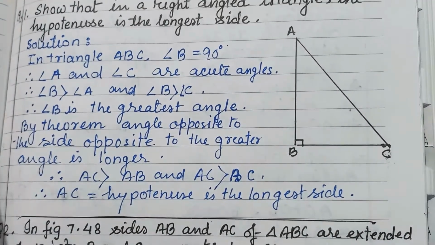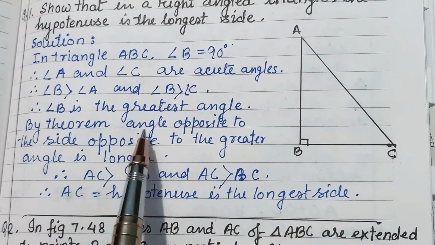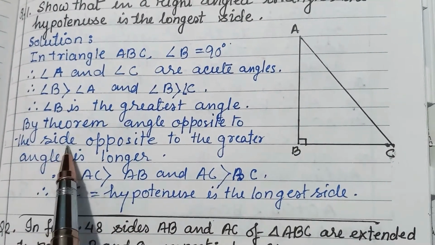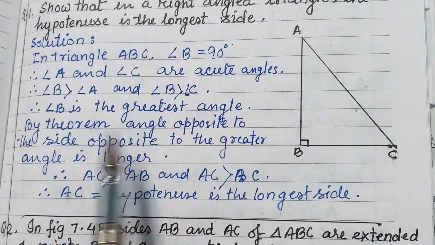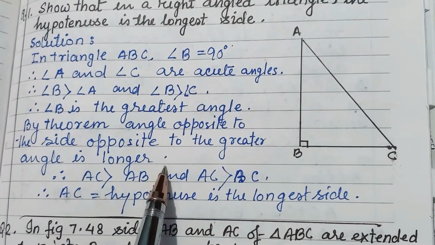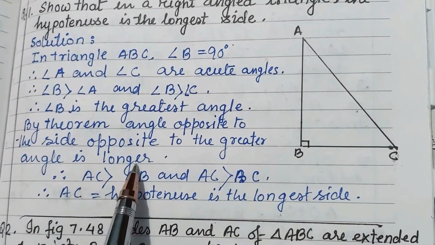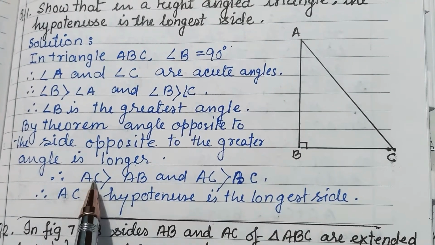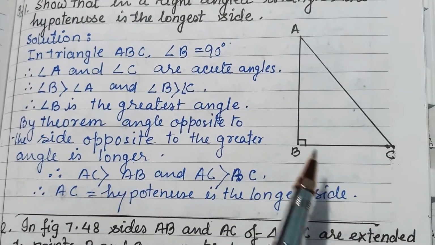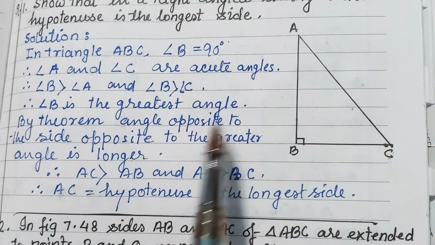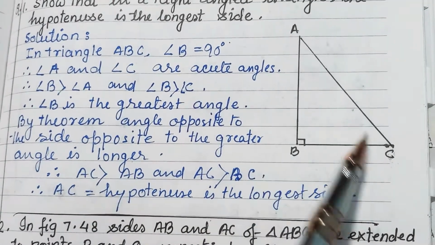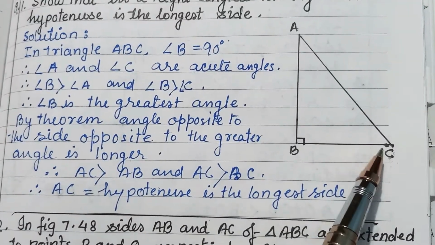We have the theorem: the side opposite to the greater angle is greater. So side AC is greater than AB.